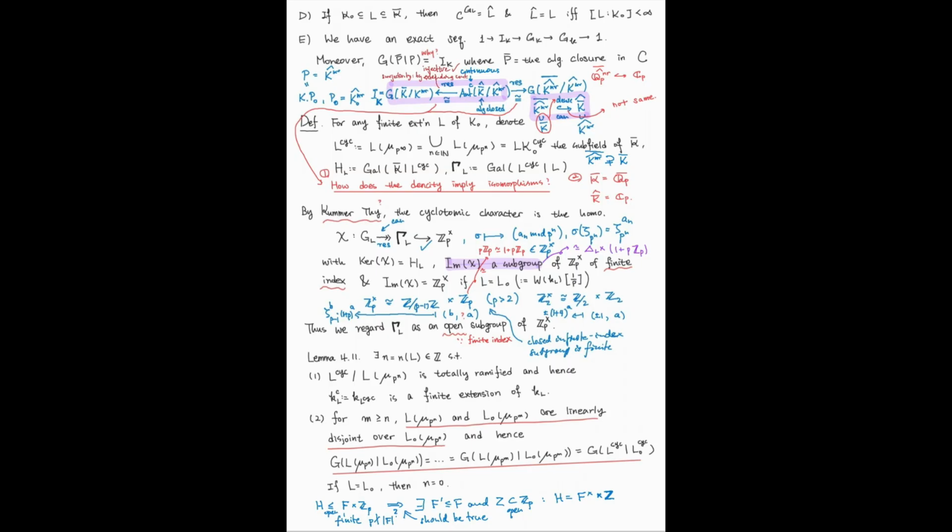But I think it is still true that the completion of this one equals this one. This one is dense, because it contains K bar, so it has dense image. And then I think we can conclude that this is the same as this one. And this is what you want to show.